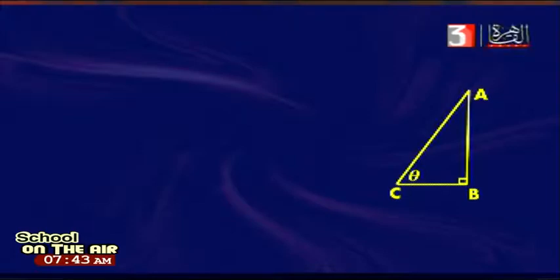Someone asks, there are two sides beside this angle, theta, which are AC and BC. No, I'm going to tell you that AC is the hypotenuse, not any other thing else. So what about the adjacent, the side beside the angle? It is the side BC.